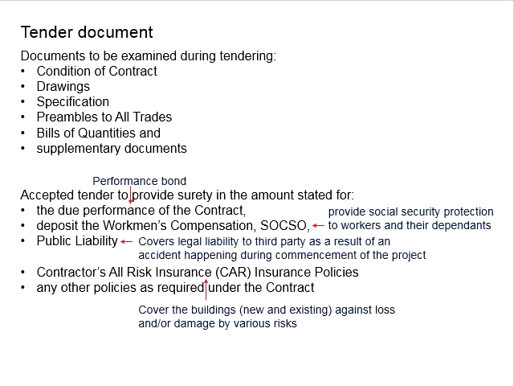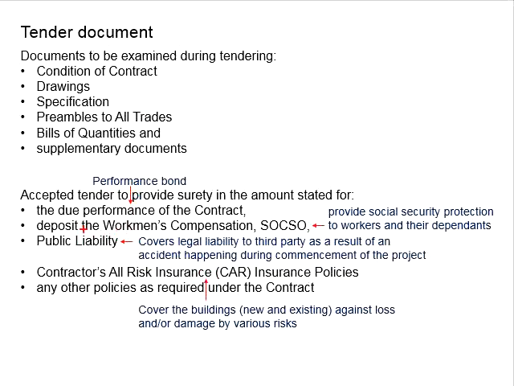There shouldn't be any defect within the defect liability period after the project is handed over to the employer. In the case that the contractor fails to fulfill his obligations or does not meet the standards and requirements, the employer can claim this performance bond in order to rectify those defects. This is about the performance bond.